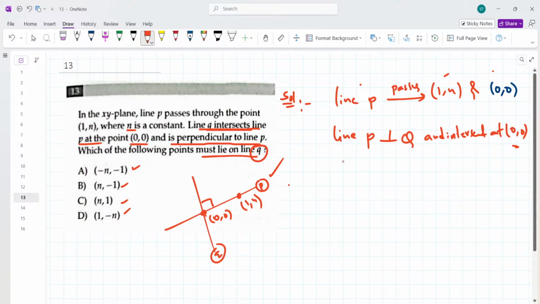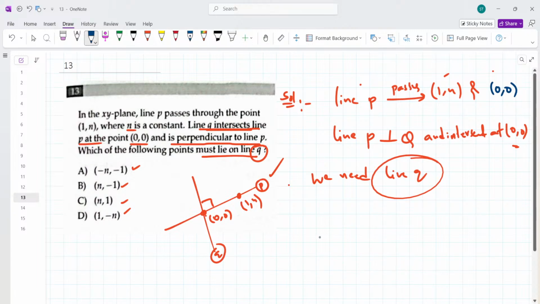Now we need line Q. If we have line Q, we can check each point by substituting into the line Q equation. So we need to find line Q. How can we find line Q? We need the slope and a point.